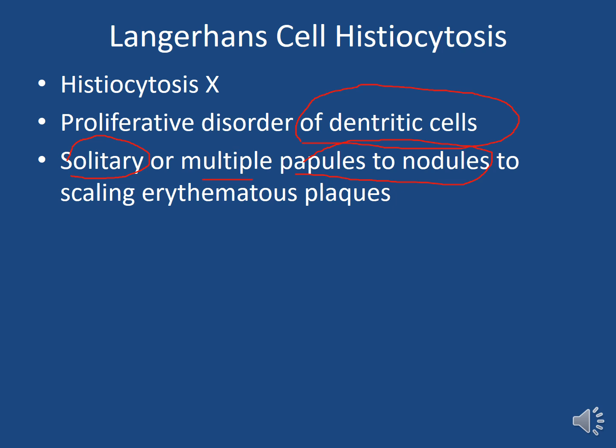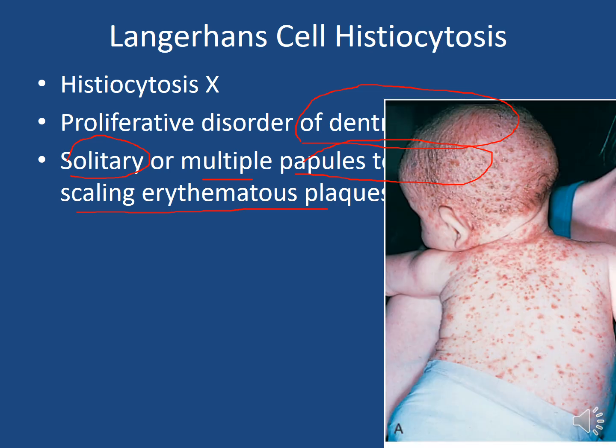On top of these solid papules or nodules, there may be development of scaling plaques. This is the characteristic appearance of the nodules and papules in histiocytosis X. The lesions in the scalp are already presenting with scales.